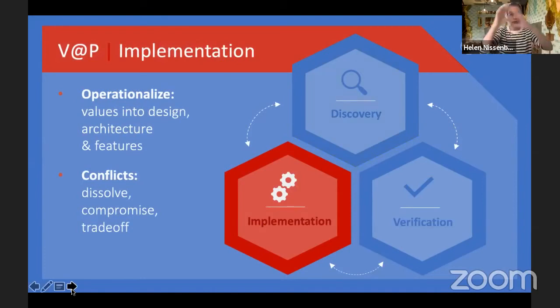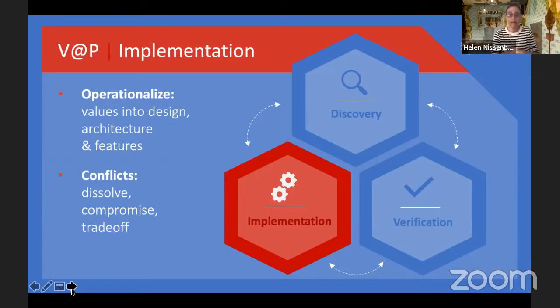Implementation is when you have these values and goals, and you're worrying about how to operationalize them into the design of the system: architecture, mechanisms, features, and so forth. For example, the TSA wants to develop software for scanning bodies as people are about to board planes. We want some kind of image that reveals the potential weapons that a person might have on them or in their luggage.